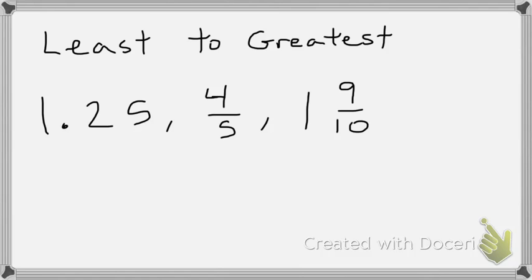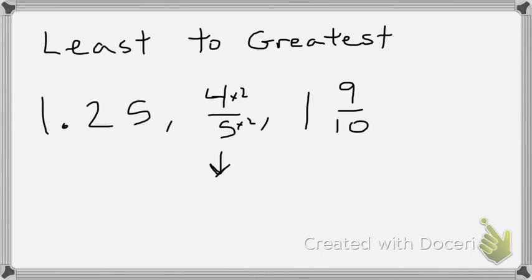So on all of these problems, you're going to have 2 fractions and 1 decimal. Your decimal, you don't have to do anything to. That one's already done. We just got to work on the other 2. So 4/5. Again, this is something you did back in Lesson 2, changing a fraction to a decimal. So we want to multiply this by 2.